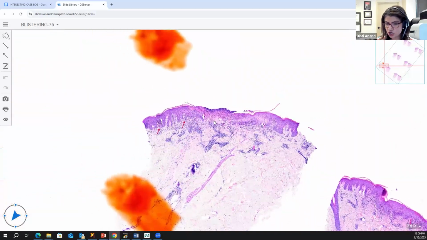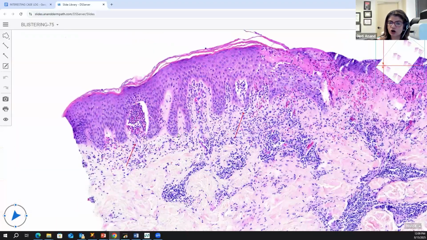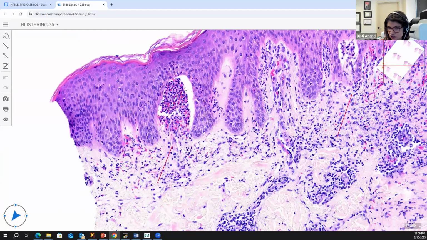But to diagnose DH, you have to see the nice subcorneal blister, which is this collection of neutrophils at the tips of the dermal papillae. This is pretty diagnostic of DH when you see these neutrophils collecting at the tips of the dermal papillae. And this is where your IgA collection also goes. So you see collection of IgA at the tips of the dermal papillae. So this is diagnostic for dermatitis herpetiformis.